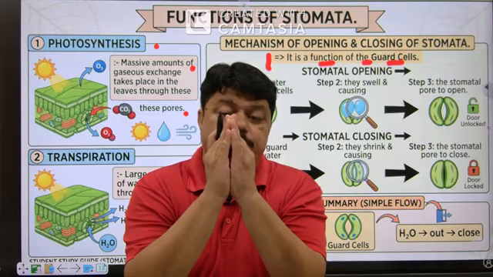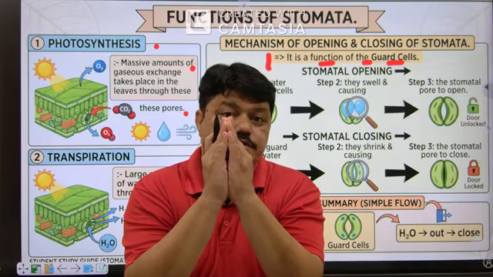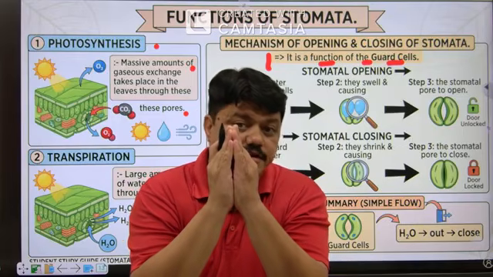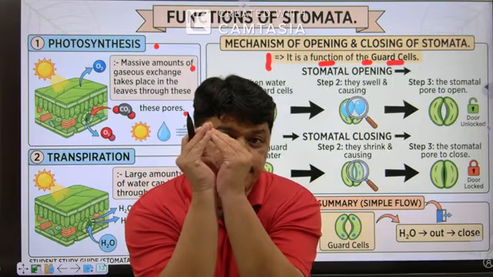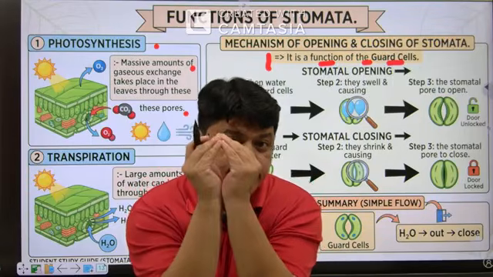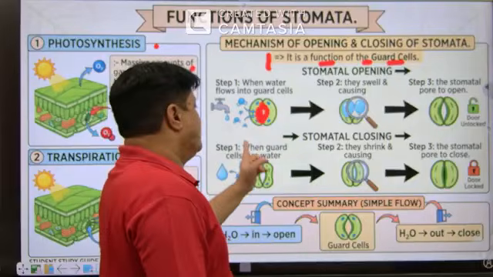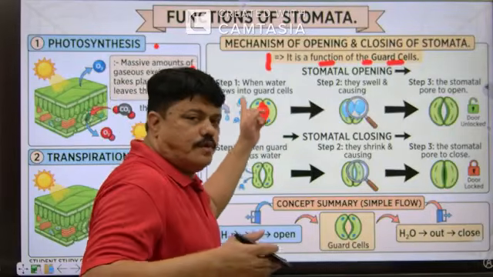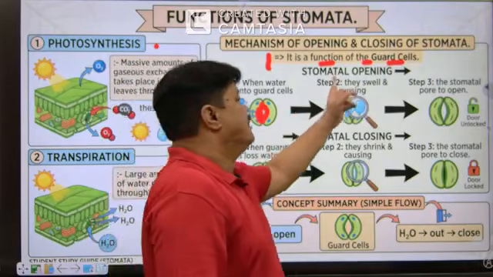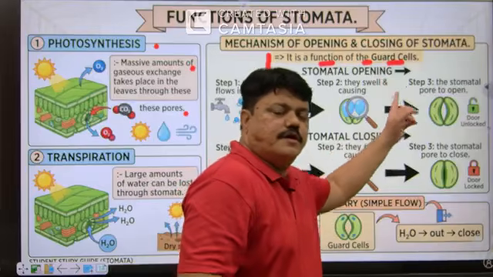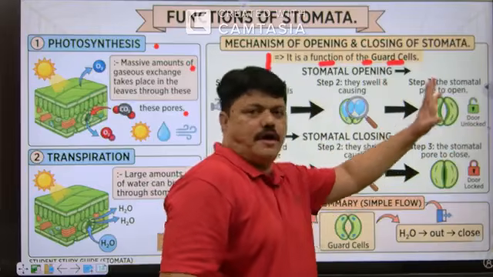To avoid breakdown of walls due to this tension, they bend inwards and the pore opens. So when water flows into guard cells, they swell, causing opening of stomata.